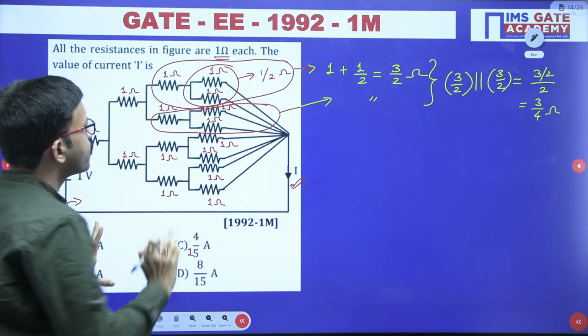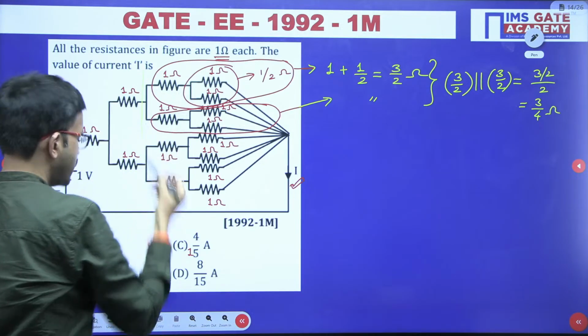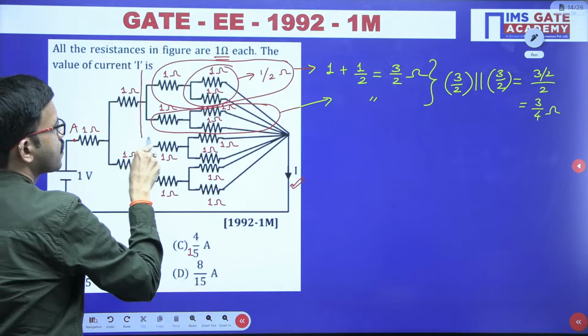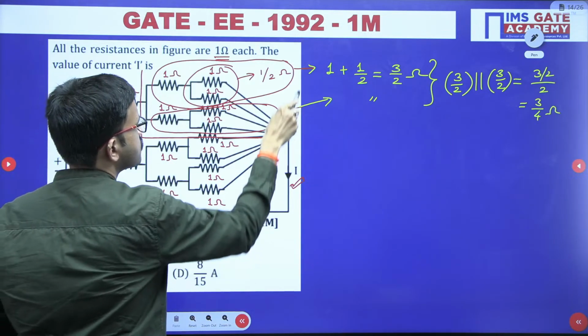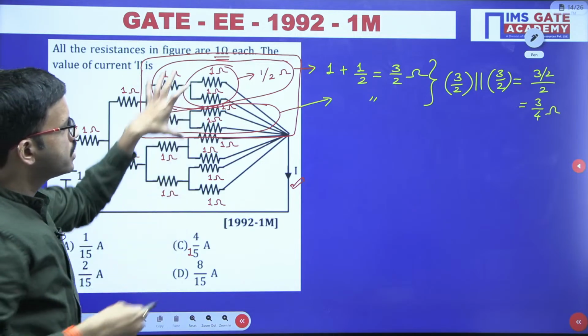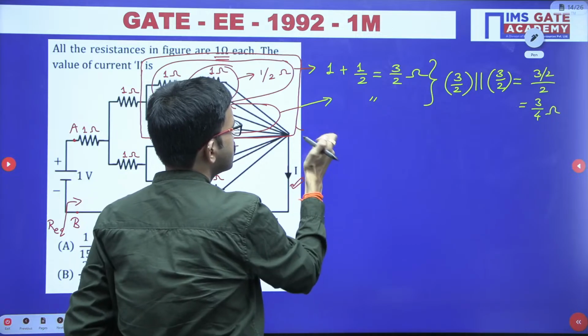Up to now, whatever we have done is this entire part. This entire network's equivalent resistance is 3 by 4.